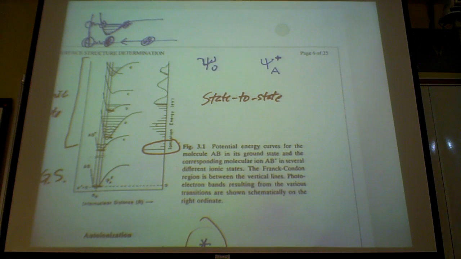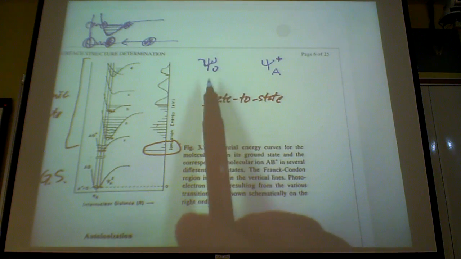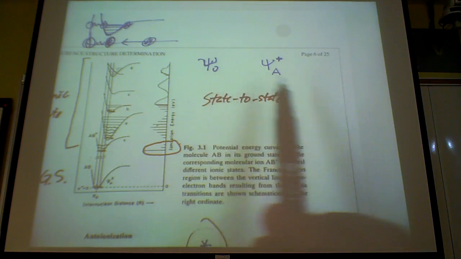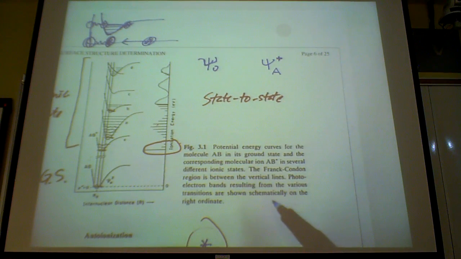Well, in quantum mechanics, you're making a transition from the ground state to an excited state, ground to excited state. So how do you write this?